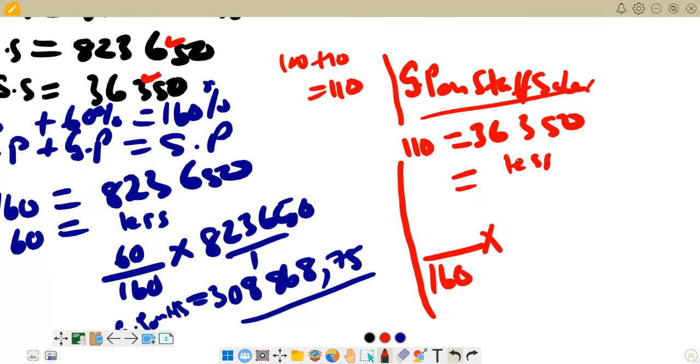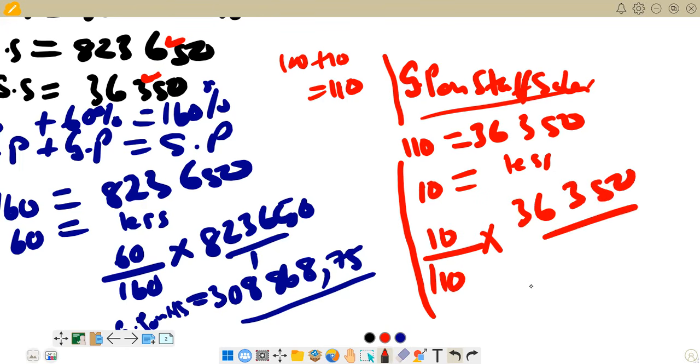Then the figure that we are looking for, gross profit on staff sales, is now 10%, which is a less figure again. So this 10 is less, so it's going to be the numerator. Then the bigger side becomes the denominator, 110. Then you multiply by 36,350 over 1.